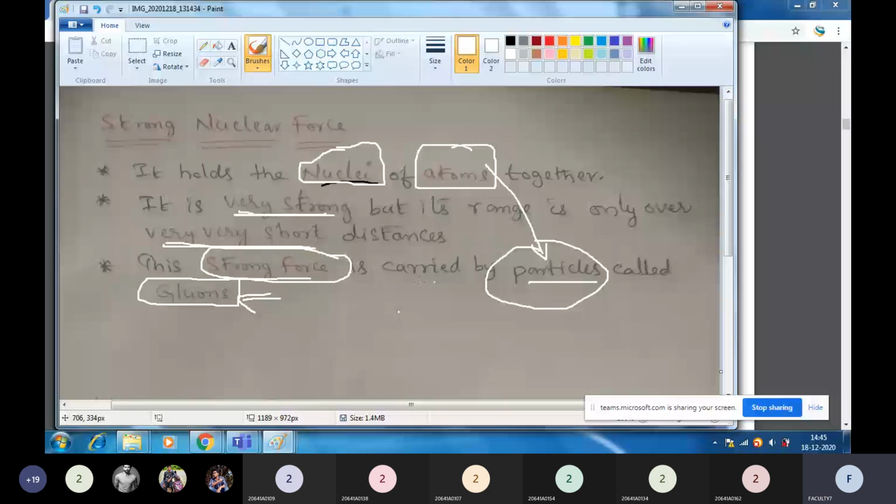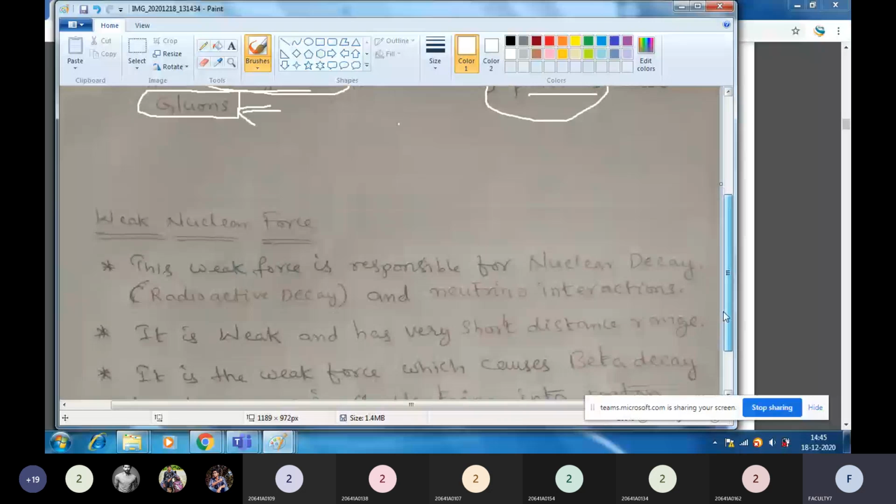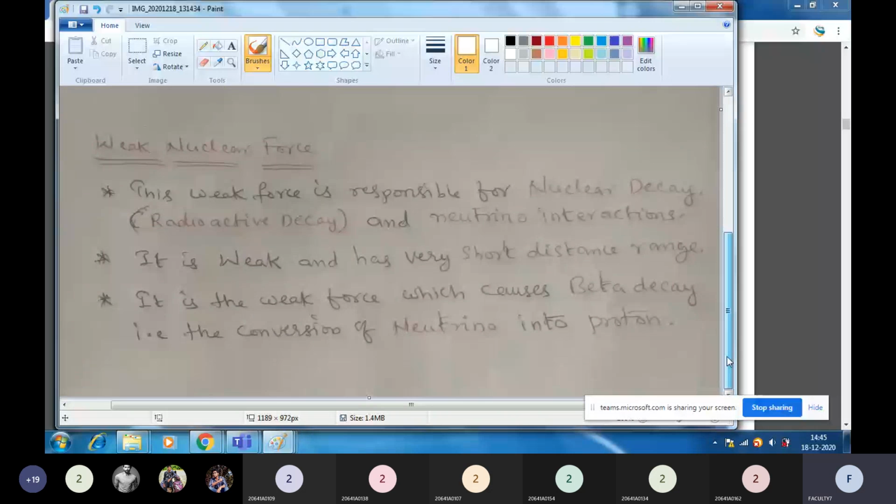Now, what is remaining? The fourth one, the weak nuclear force. This force is responsible for nuclear decay. You might have seen certain equations in your intermediate subjects: a parent atom becomes a daughter atom, and there is an emission of an electron, which is ejected from the atom.